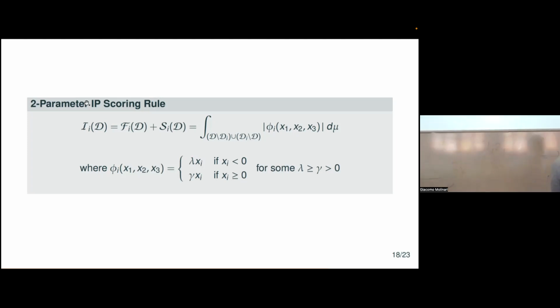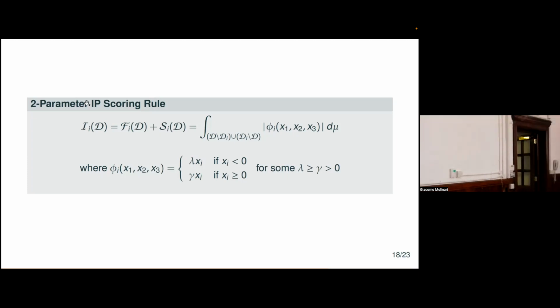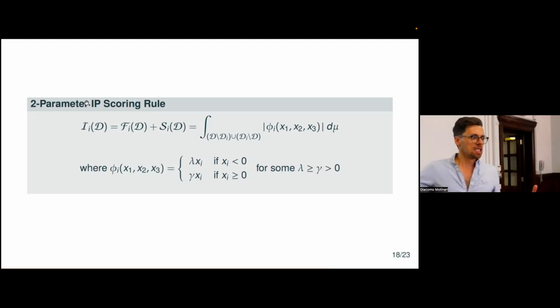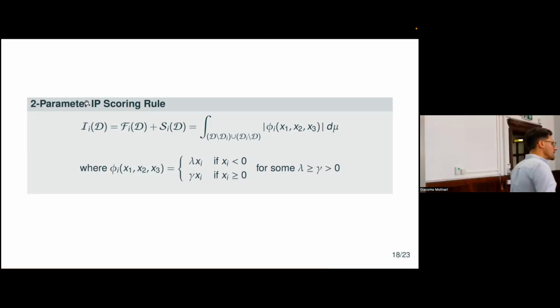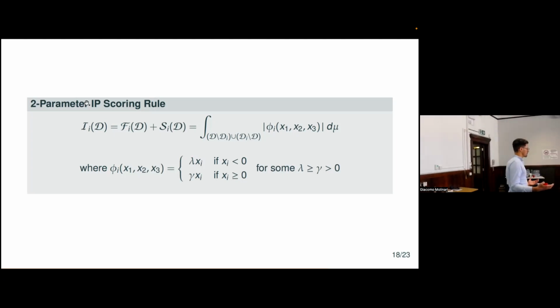Why should lambda be larger or equal? Yeah, so this is part of one of the axioms that we didn't discuss. Axiom 4 was a superadditivity axiom, and it's a kind of conservativity axiom that says avoiding type 1 error always has to be at least as important as avoiding type 2.